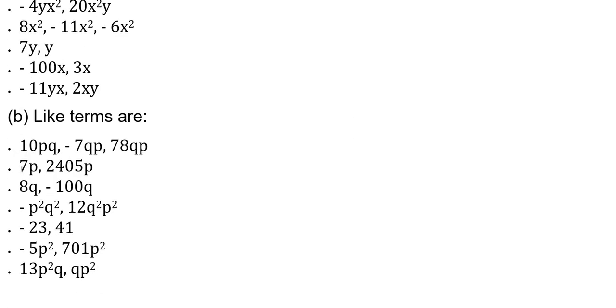Like this, 7p, 8q, minus 100q, minus pq, p square q square comma 12q square p square, 5p square and 701p square, 13p square q and qp square.